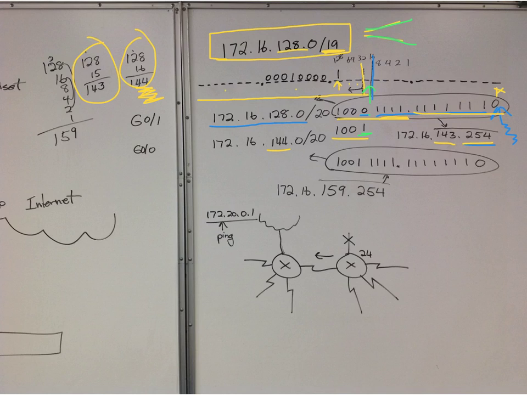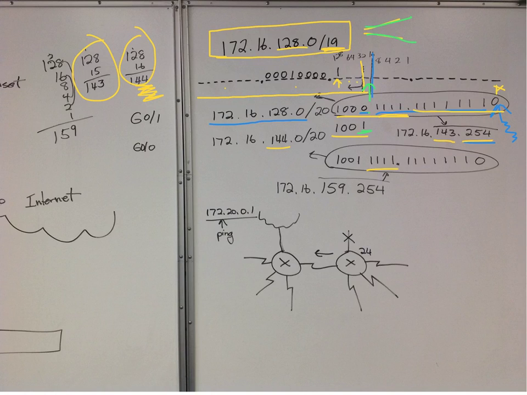And then the last address, we'd add these all together, so you got 128 over here. Yeah, 128 over, let's see here.